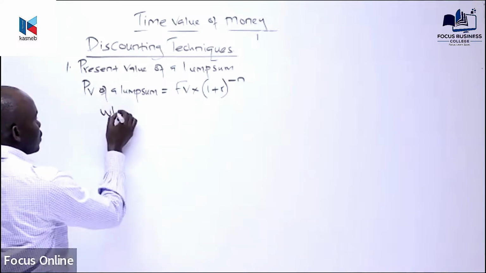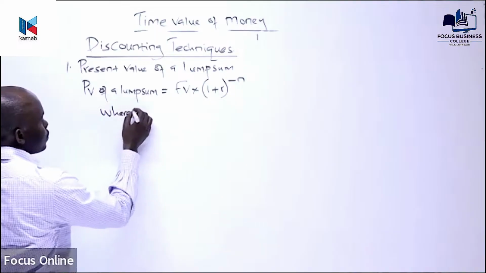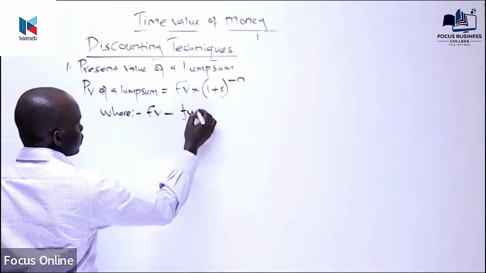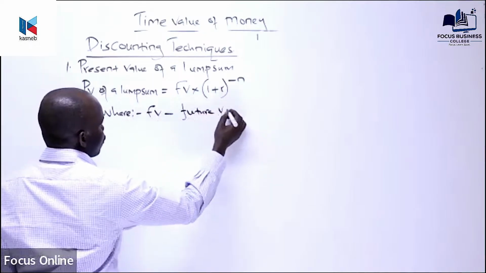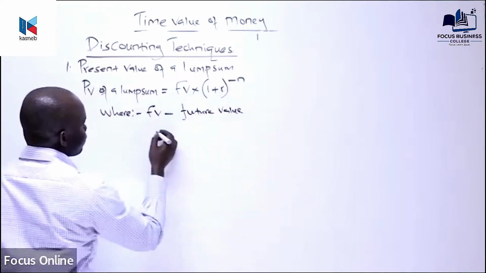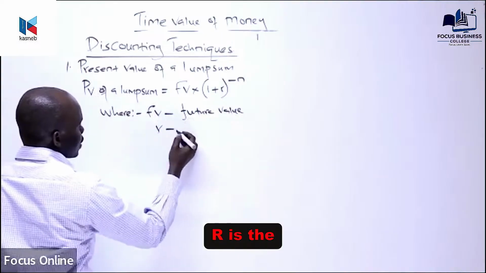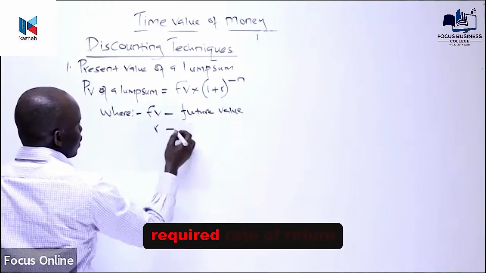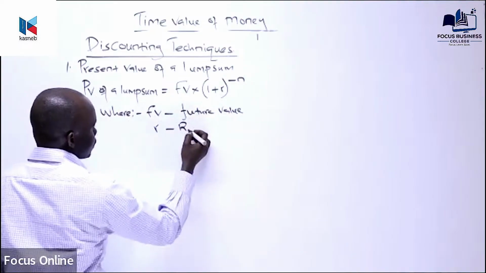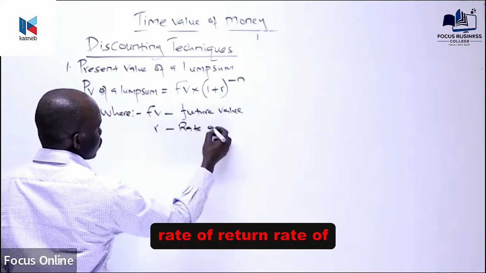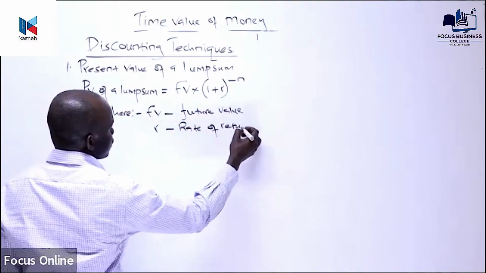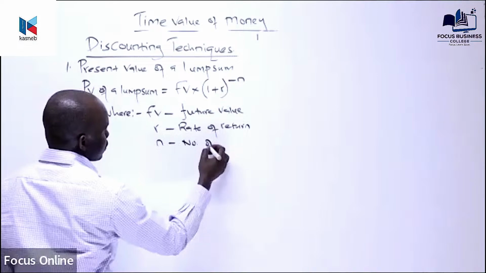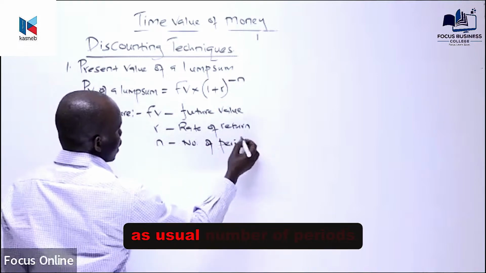So where this is future value, R we said is the required rate of return, N is the number of periods, as usual.